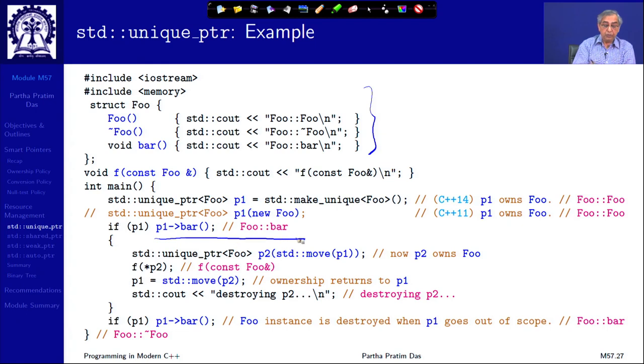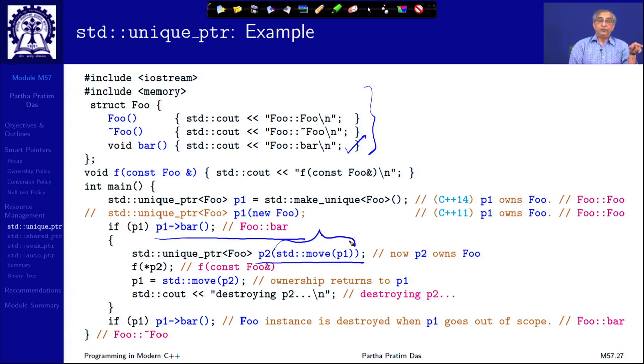So, if you do foo pointer bar, then it will execute this bar function. If you move this unique pointer P1 to another unique pointer P2, you can see std move for the purpose of making sure that you take the move semantics.